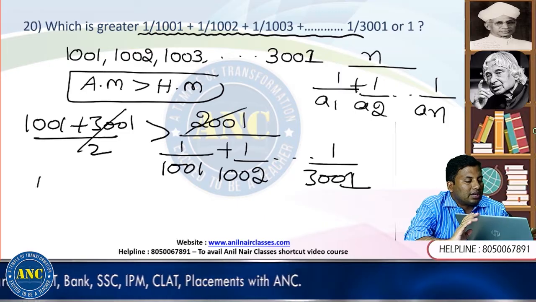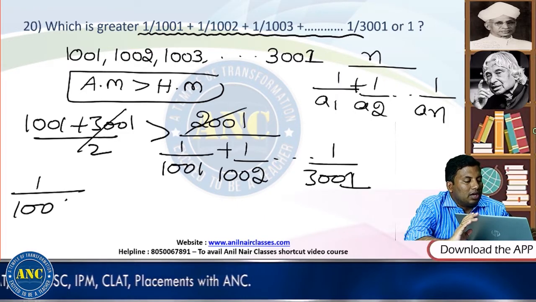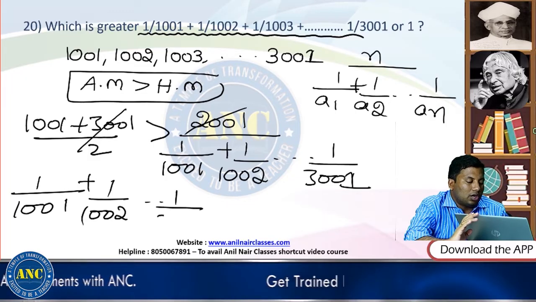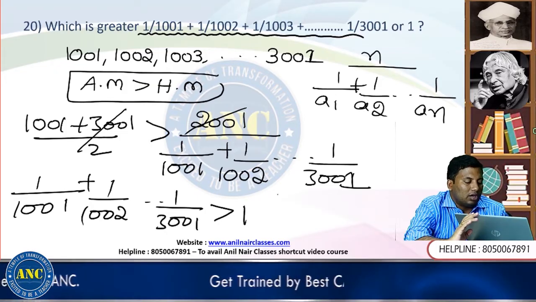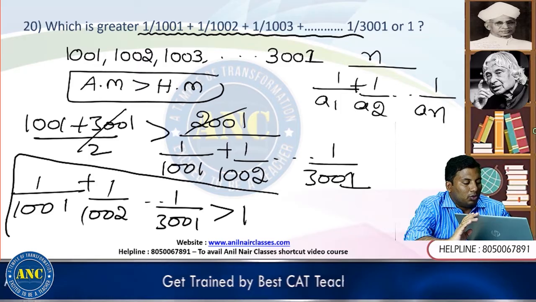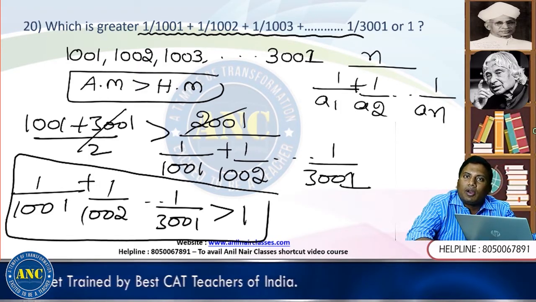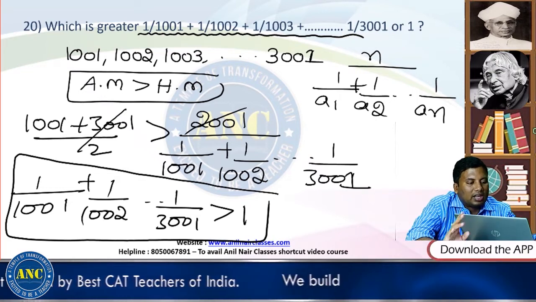This will get cancelled. So 1 by 1001, 1 by 1002 and so on up to 1 by 3001 is greater than 1. Beautiful question.